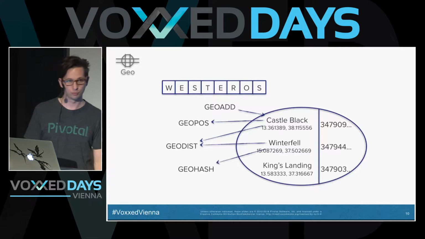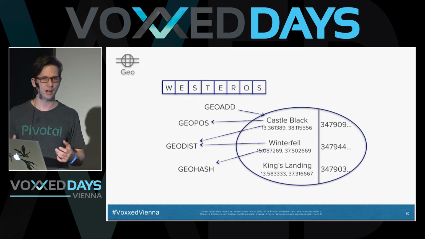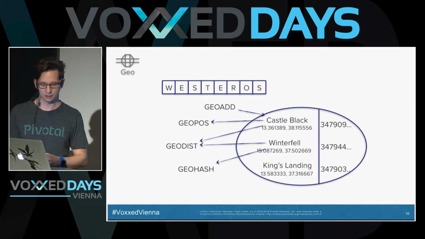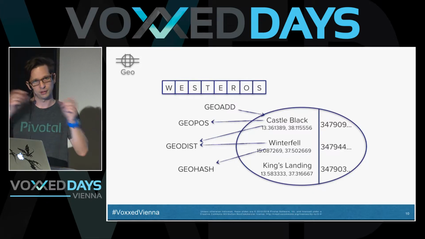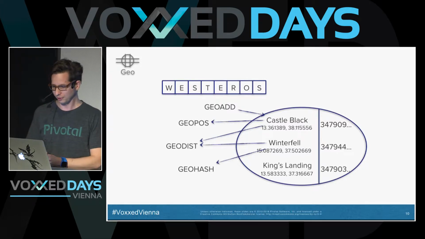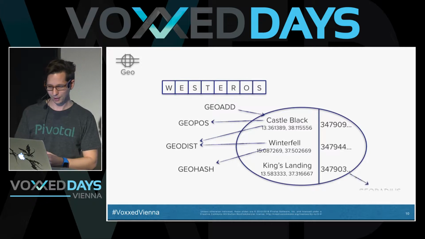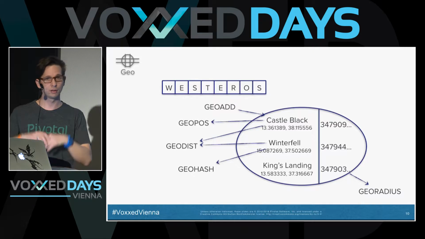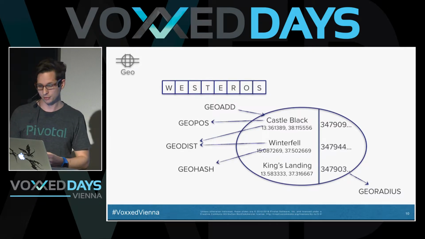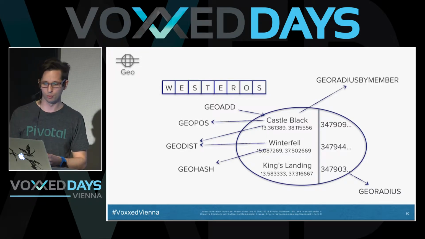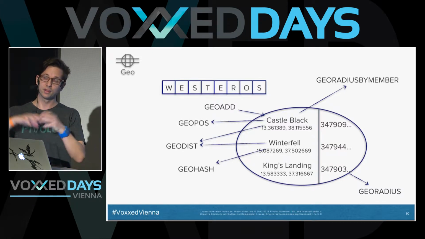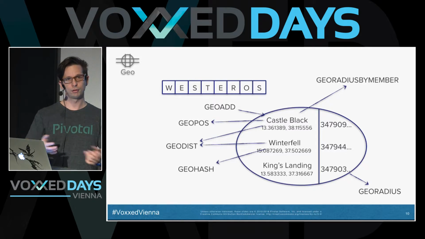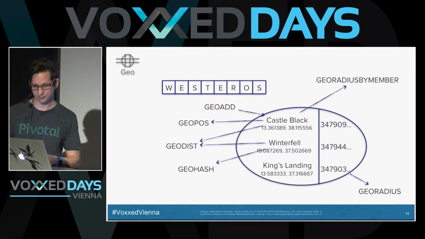You can ask for the geohash representation of that position using geohash, so it will give you that nice little geohash string. And of course you can ask for all the points that are within a given radius, where the center is one of the already existing elements within the set.